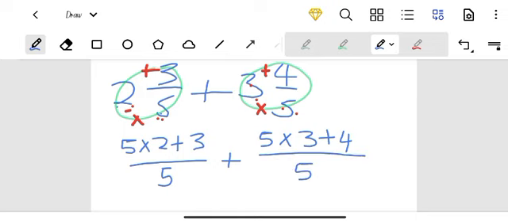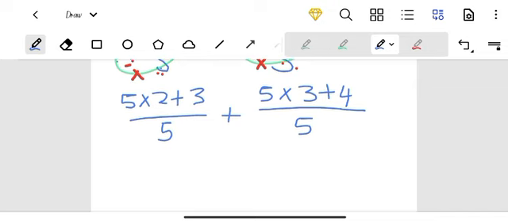This is how you change from what we call a mixed fraction to an improper fraction. So the next thing, you're going to say that times that. So 5 times 2 is 10. 10 plus 3 is 13 over 5.